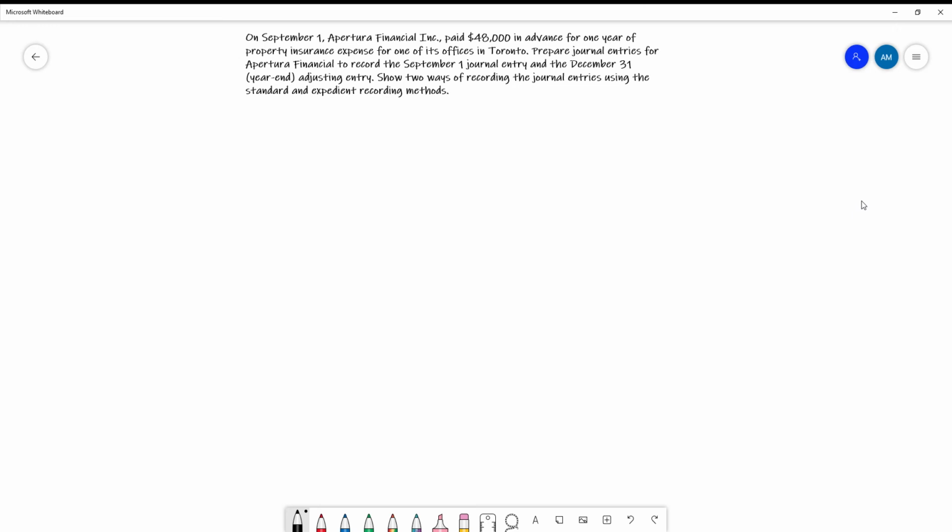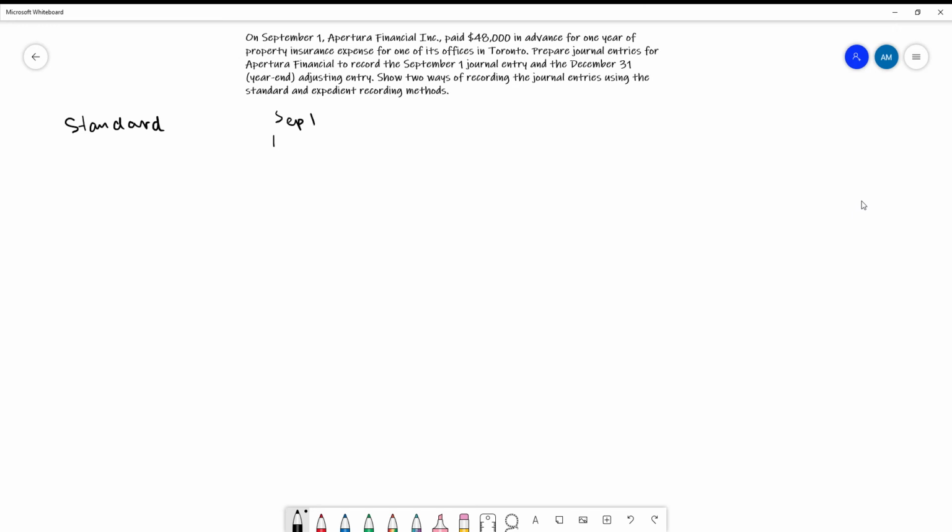So the first approach is called the standard approach. It's also called the asset approach, where we treat this expenditure as an asset on September 1st.